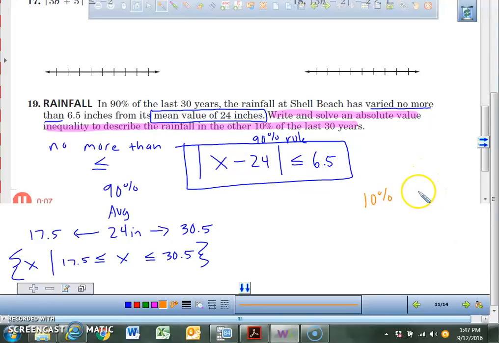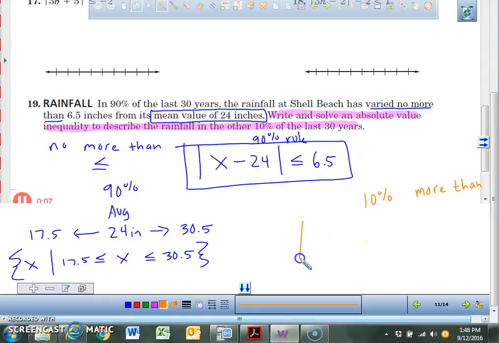Less than? No. More than. Because the opposite of no more than is more than. If I said you can have no more than 4 slices of pizza, what's the opposite of that? You better have more than 4 slices of pizza. Okay.